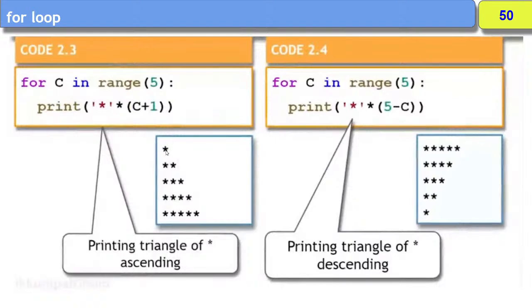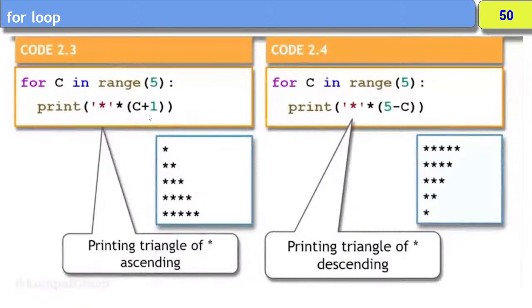So this is here. Now C will become 1. So 1 plus 1, 2. When you multiply asterisk by 2, it will give you 2 asterisk signs. Then C will become 2. 2 plus 1 is 3. 3 multiplied by asterisk will produce 3 asterisk signs.